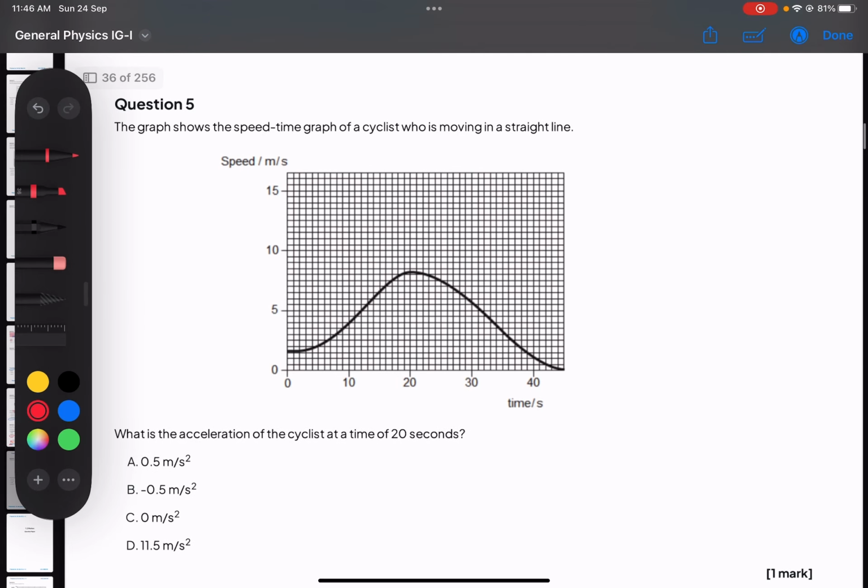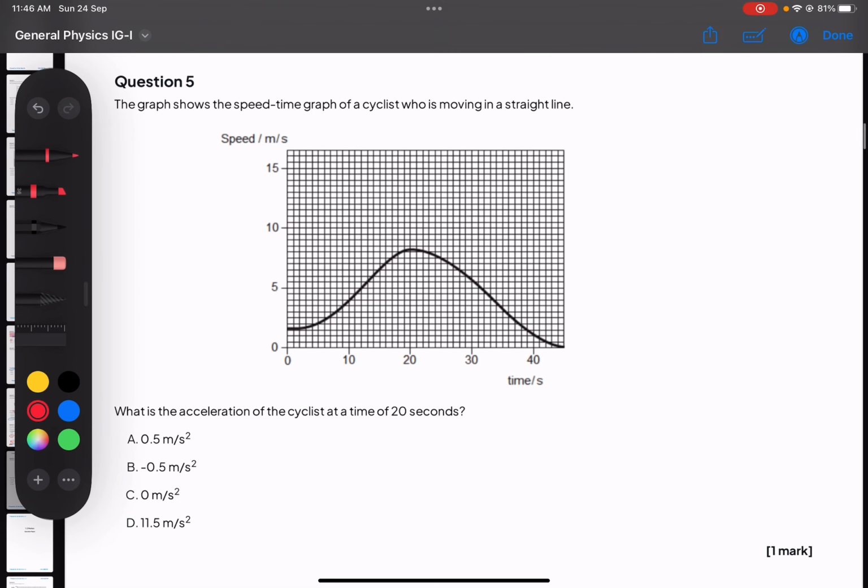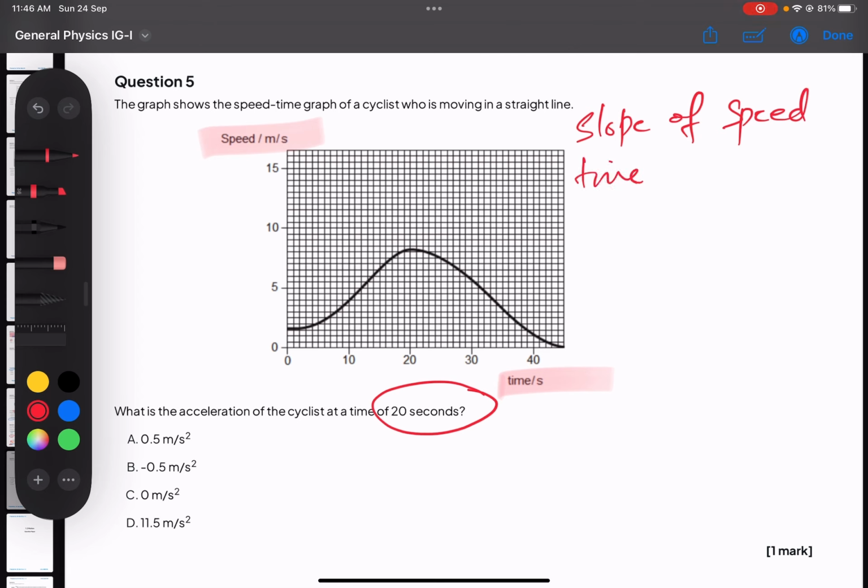Question 5. They are asking you, the graph shows the speed time graph of a cyclist who is moving in a straight line. What is the acceleration of the cyclist at a time of 20 seconds? So at 20 seconds we have to find the acceleration. Basically it's a speed time graph, and we know that the slope of a speed time graph gives you acceleration.